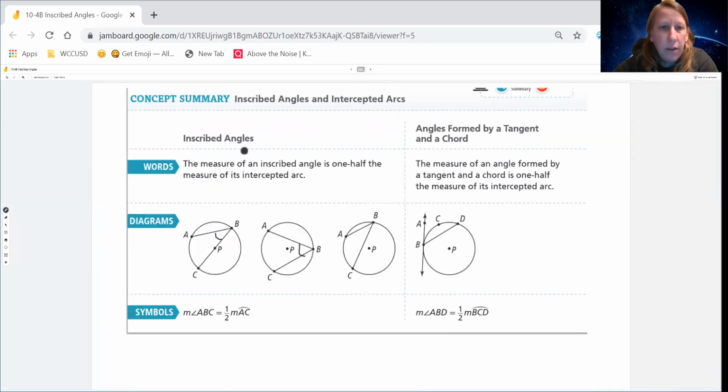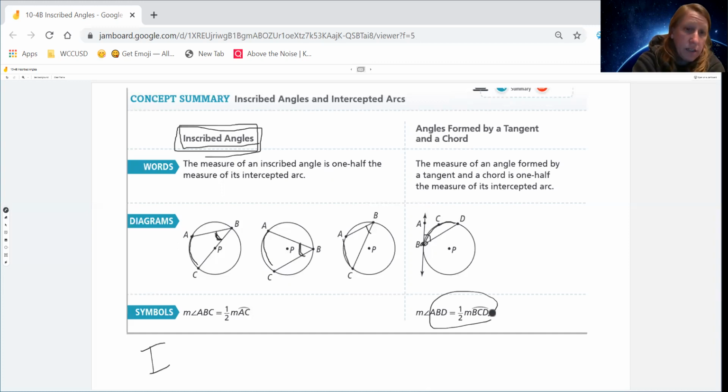Here's a summary. If you're dealing with an inscribed angle, like you will on the final, what you need to know is that the measure of the angle is half the measure of the arc. Always.